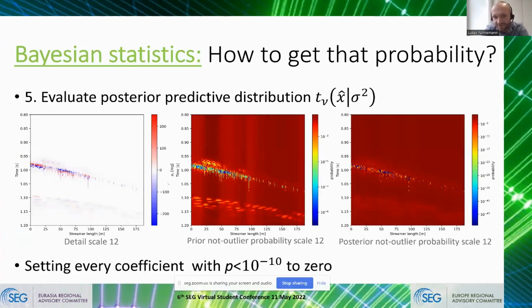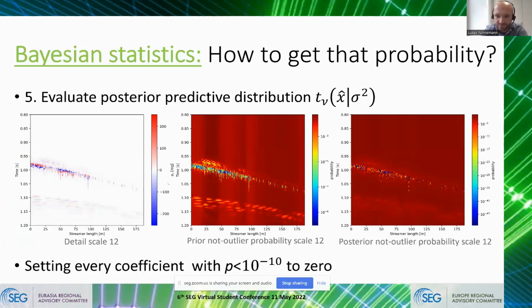And now we can evaluate this t distribution with our calculated parameters. As you can see, we start here on the left with the coefficients again, then our known prior probability, and then the posterior probability, which incorporates the data of the neighborhood.